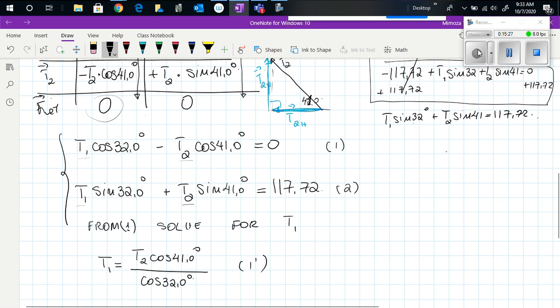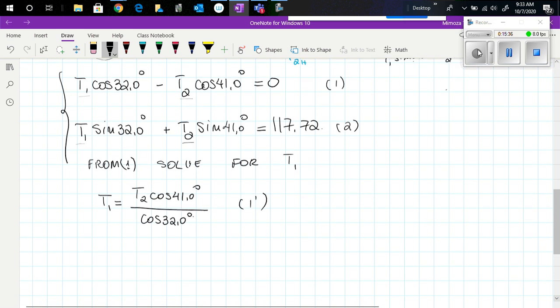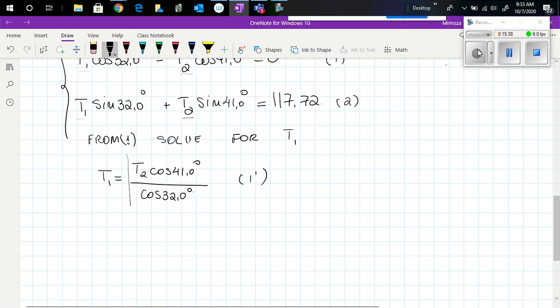And I will take this relationship and substitute it into equation 2. So where I see T1, I will substitute it with this relationship.